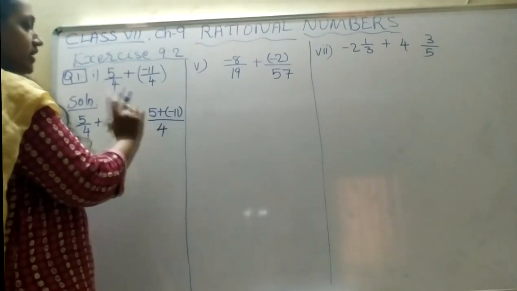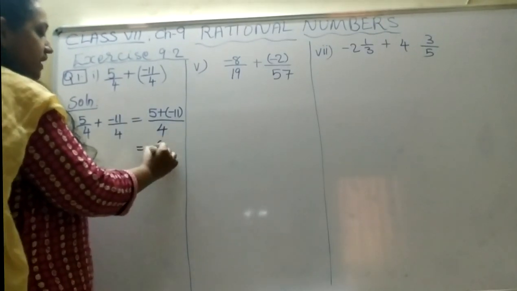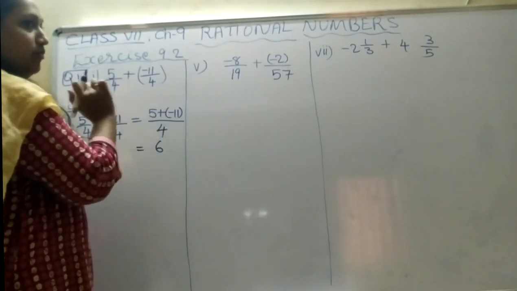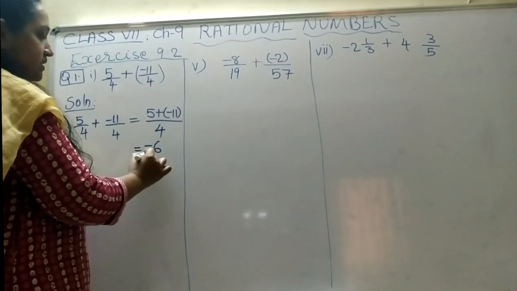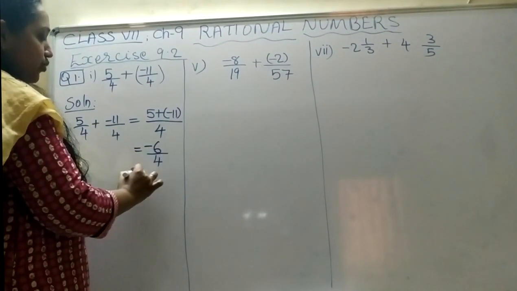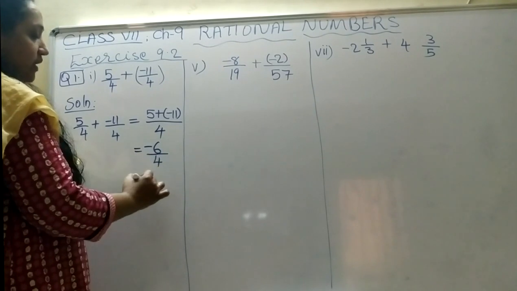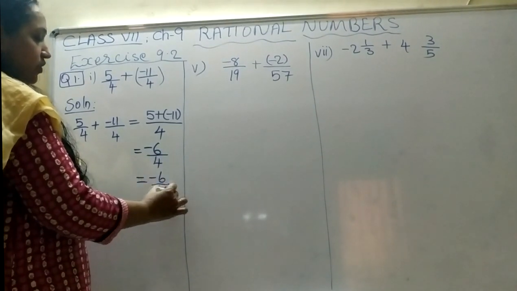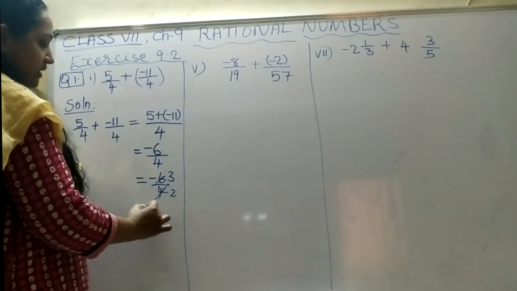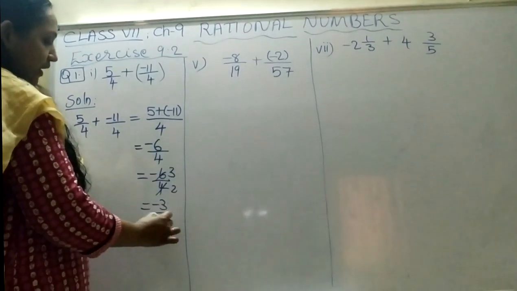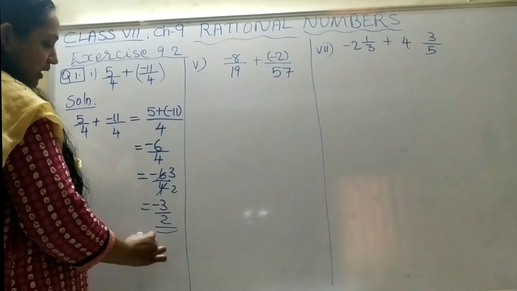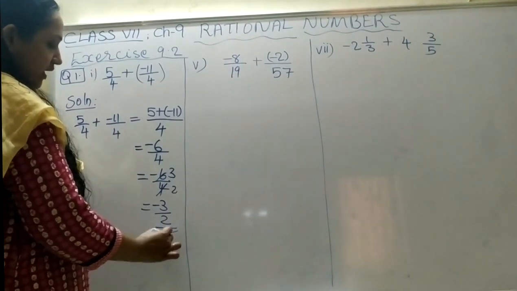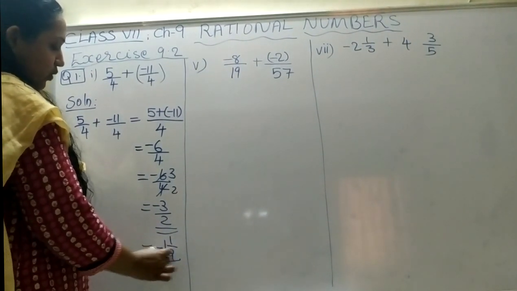So 11 minus 5 gives 6 and the sign of bigger number is negative. So our answer is minus 6 upon 4. Here 2 is common, so we can cancel with the 2. So we are getting the answer as minus 3 by 2, or it can be written as minus 1 integer 1 by 2.